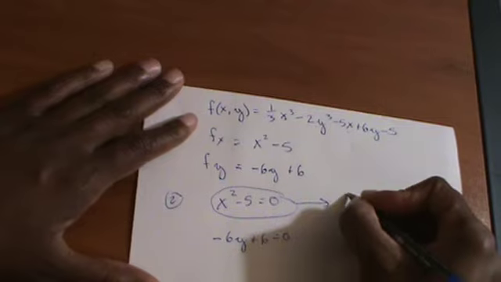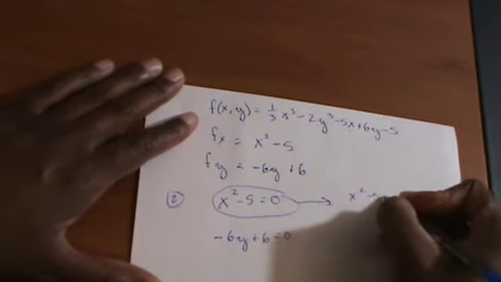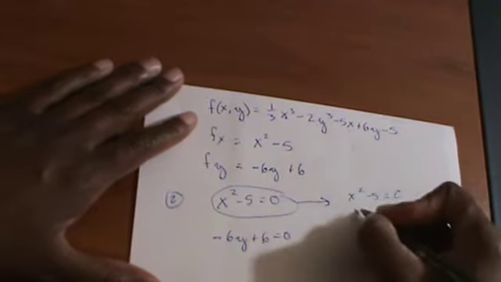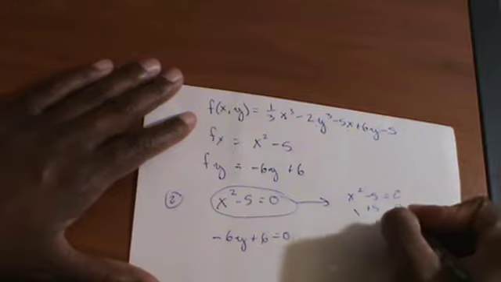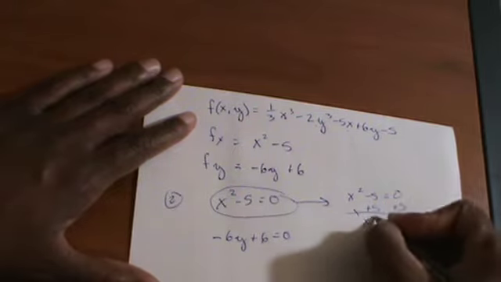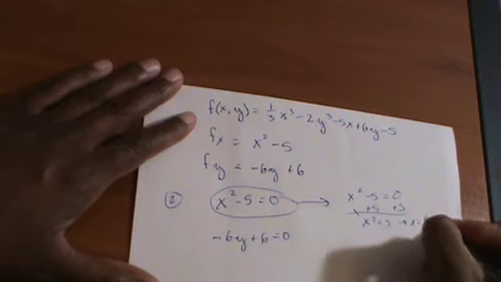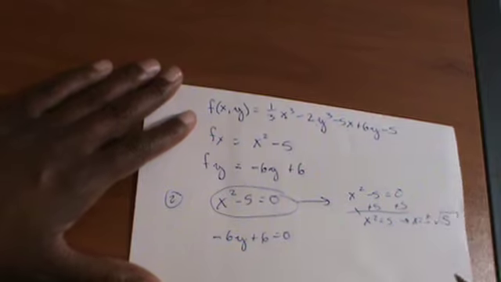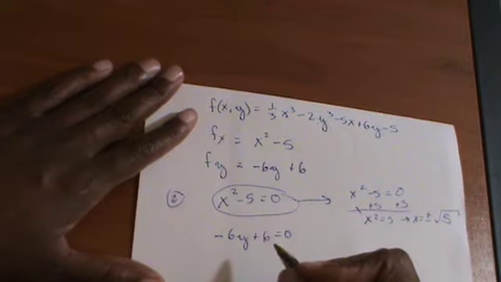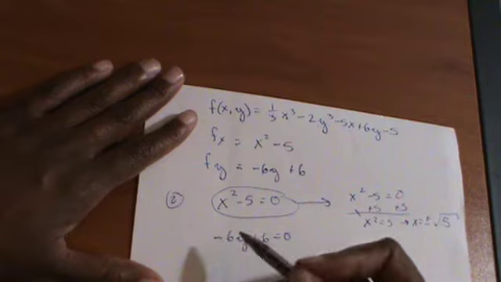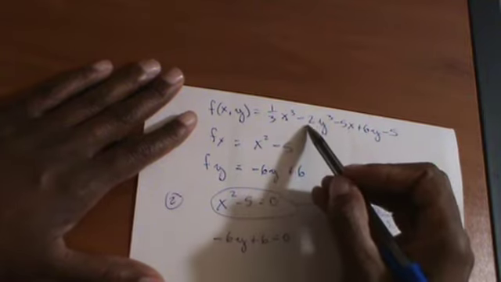So by adding 5 to both sides, I get plus 5. So then x squared equals 5. And then x equals plus or minus the square root of 5. Now here, actually I've made an error. Let me go back and clean that up.